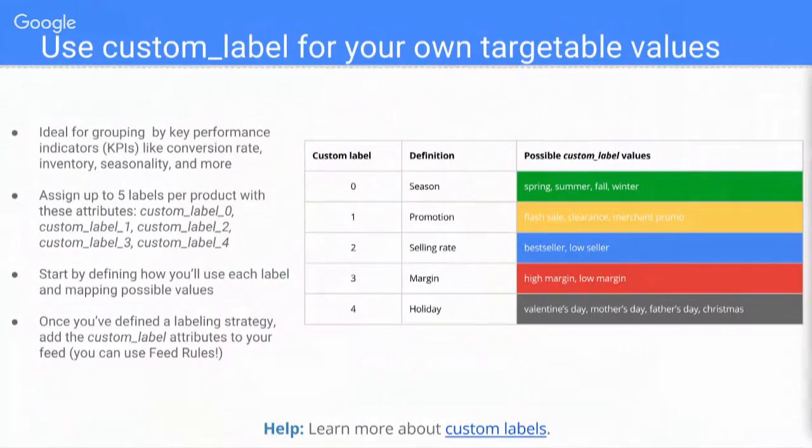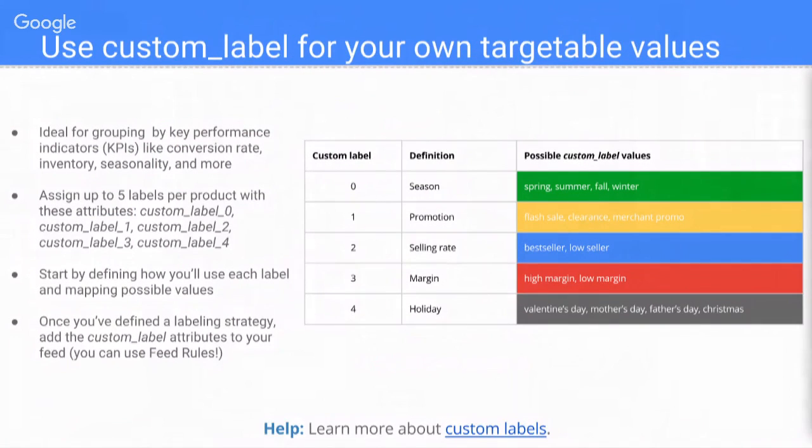Definitely. So when you go about restructuring your campaigns, let's say you're going to go ahead and use the key performance indicator based model. So you're going to go adjust your bids based off of your high performing products. You need to use custom labels when you're going to go about doing this. So this is where you have the ability to change your custom labels to custom label 0, 1, 2, 3, or 4.